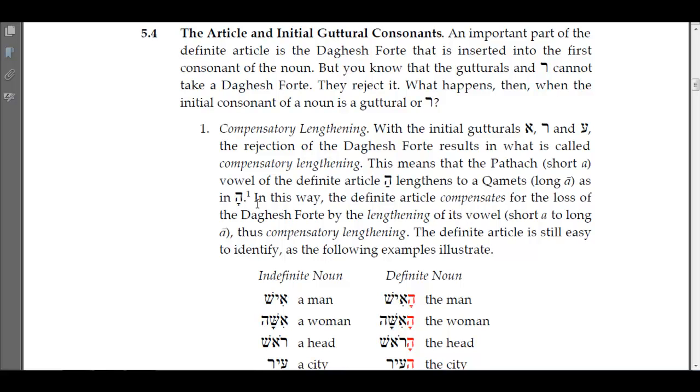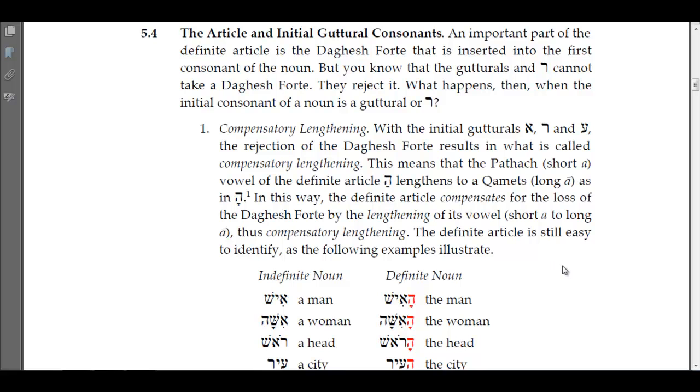So in this way, the definite article compensates for the loss of the dagesh forte by lengthening its vowel from a short A, which is a patak, to a long A, which is the qamets. That's the reason why we call it compensatory lengthening.